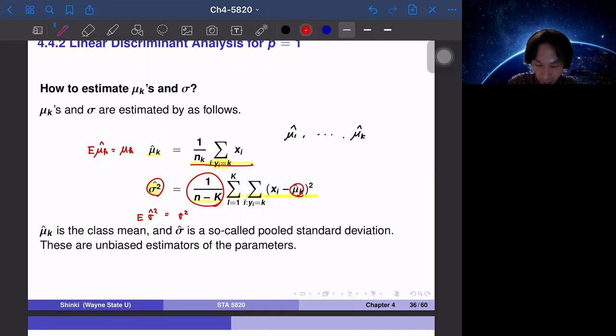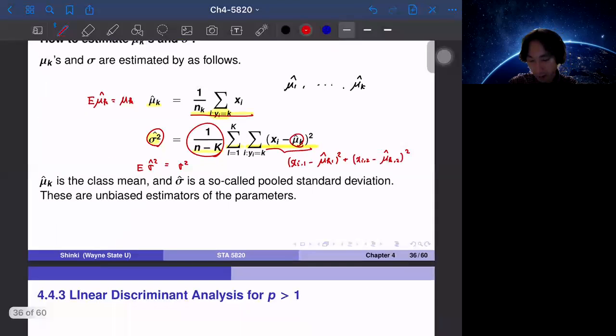And here also the squared deviation: if we have two components, you can see this as the sum of two, x i1 minus mu hat k1 squared plus x i2 minus mu hat k2 squared. So just take the L2 norm. Then you can follow the same procedure to get sigma hat squared and mu hat k.